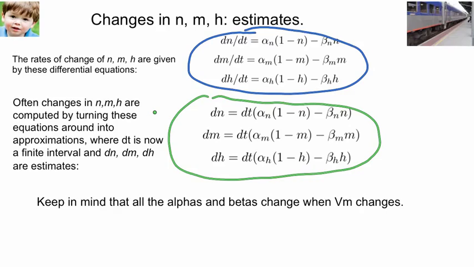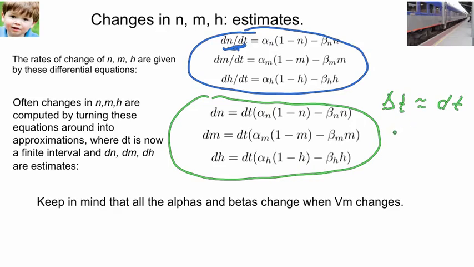In the top panel, dn and dt are infinitesimal in the sense of calculus. They are the limits as the changes are very, very short in a temporal sense. However, to make use of these equations in computation, the thought is you say, well, delta t, a finite time interval, is about the same thing as dt.